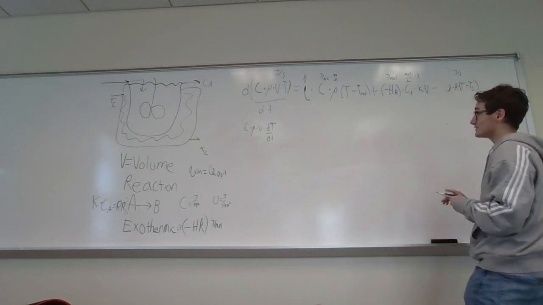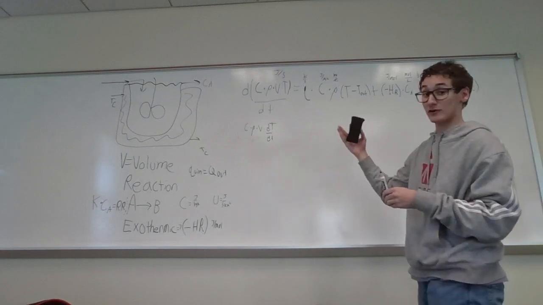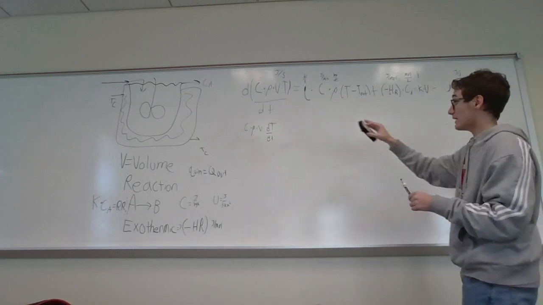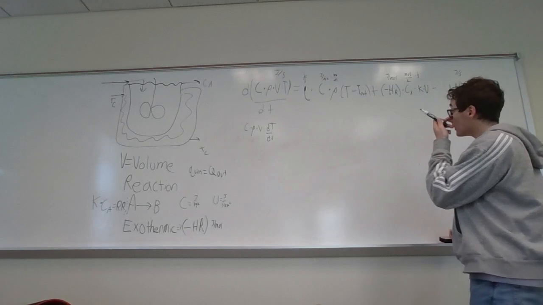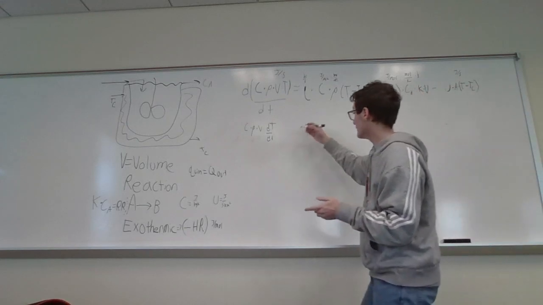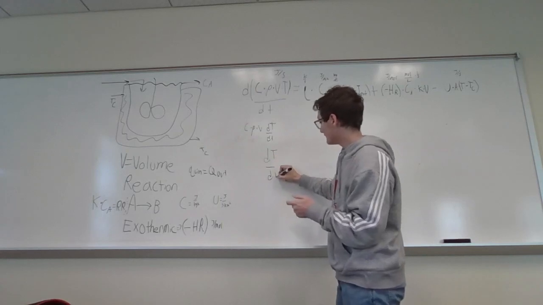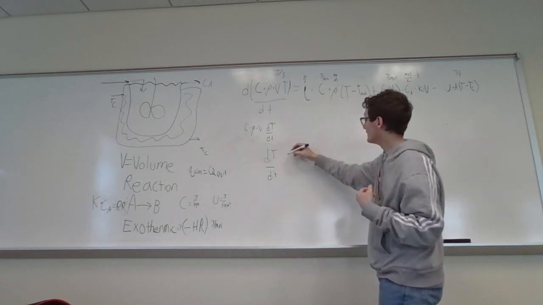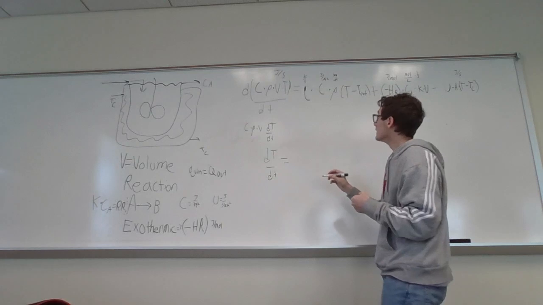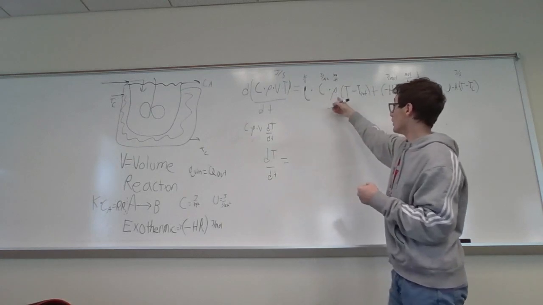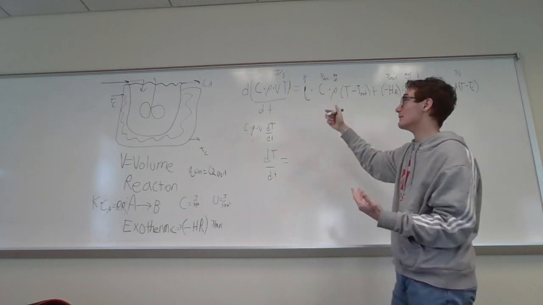Okay? So now, as I said earlier, we are going to divide across this entire equation by CPV. So what this ends up giving us is dT over dt, which is just a great unit, equals, let's see, we have C and rho. When I've been saying P, I mean rho.